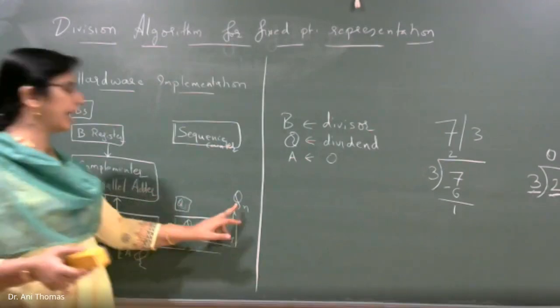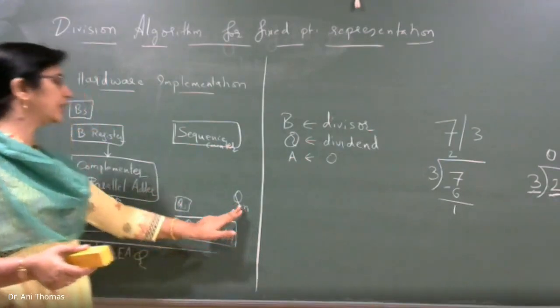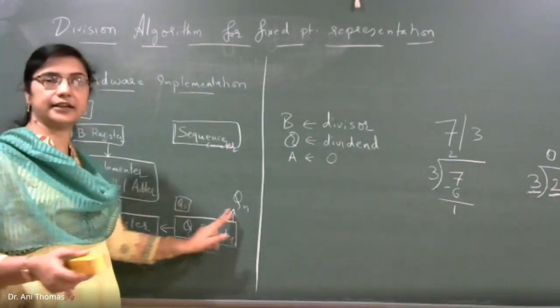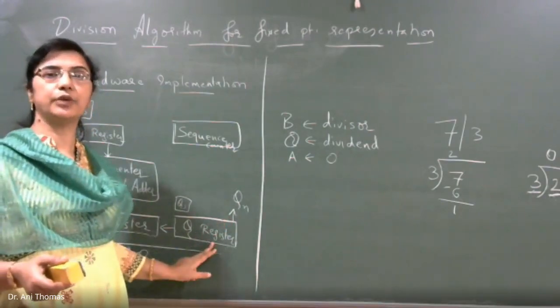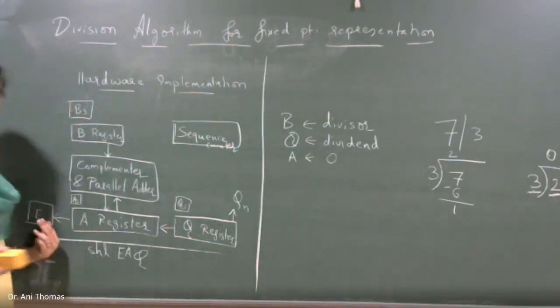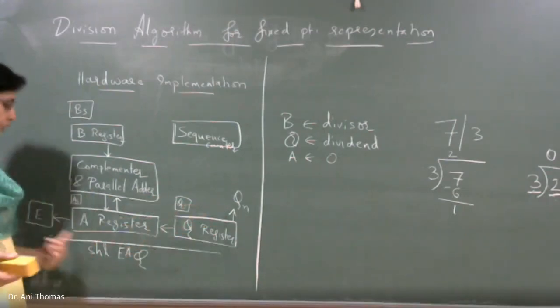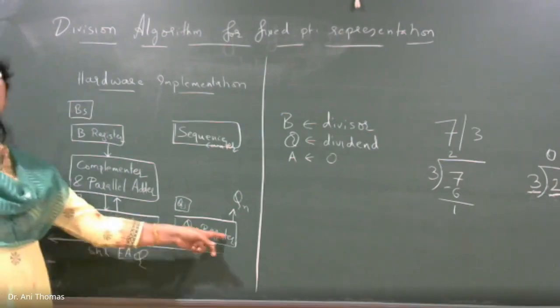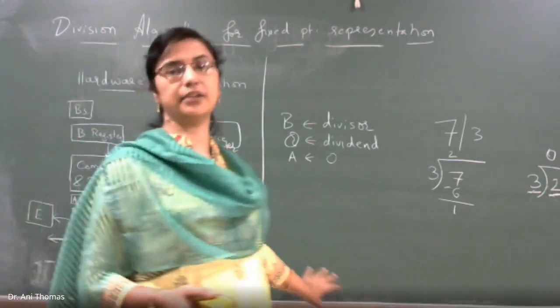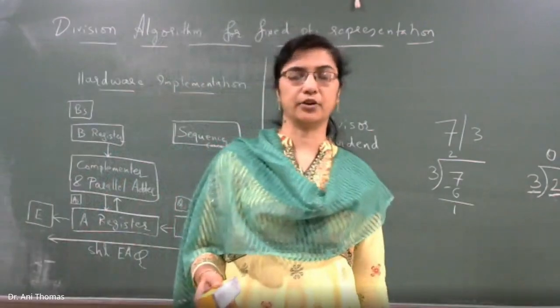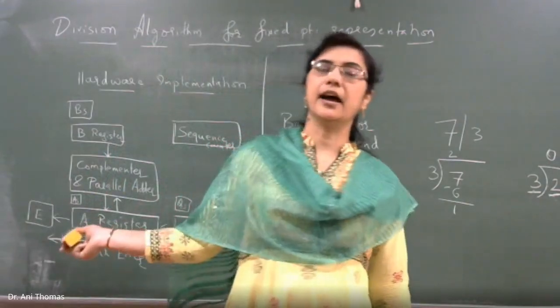This Qn of the Q register will be decided based on the value of E. If E is 0, Qn will be 0, and if E is 1, Qn will be assigned 1. We see it in detail in the hardware algorithm.